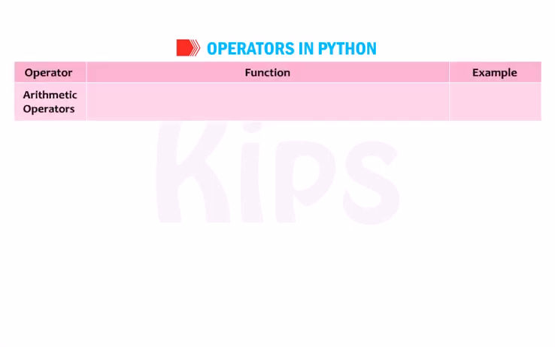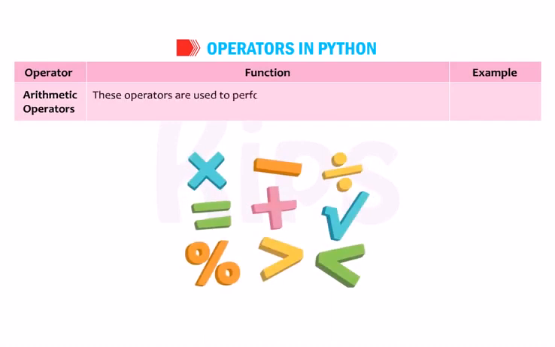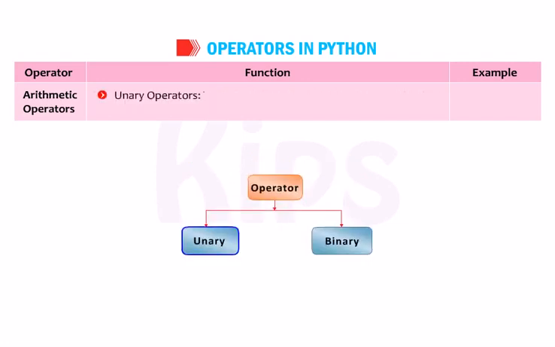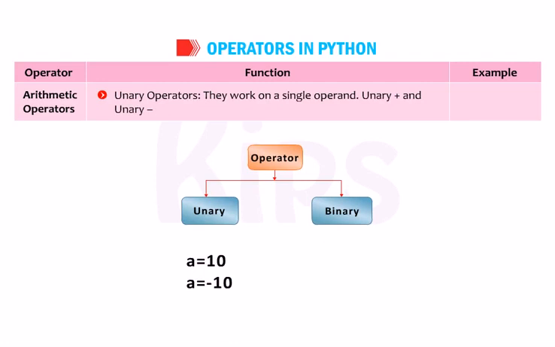Operator: arithmetic operators. Function: these operators are used to perform arithmetic operations on the data. These can be further classified as unary operators. They work on a single operand, unary plus and unary minus. Example, a equals 10 and a equals minus 10.